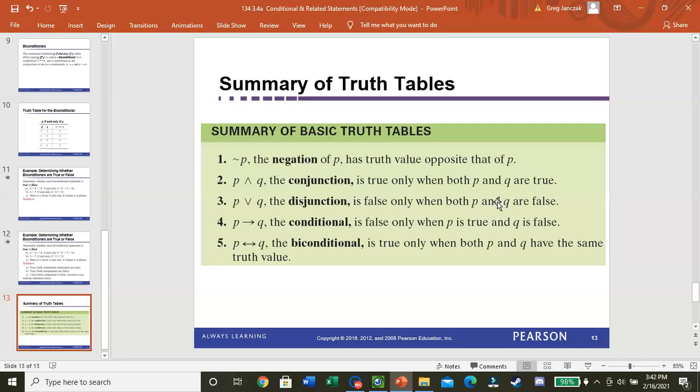If P then Q is false only if P is true and Q is false. A biconditional statement with the two arrows is true only when both P and Q are the same, both true or both false.